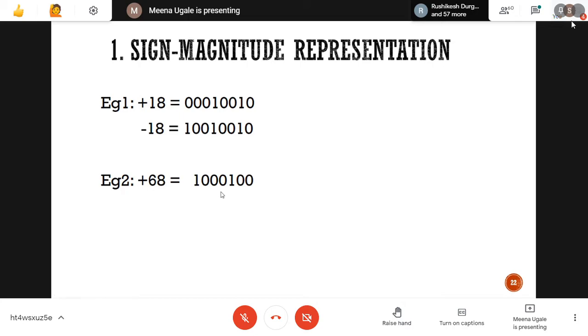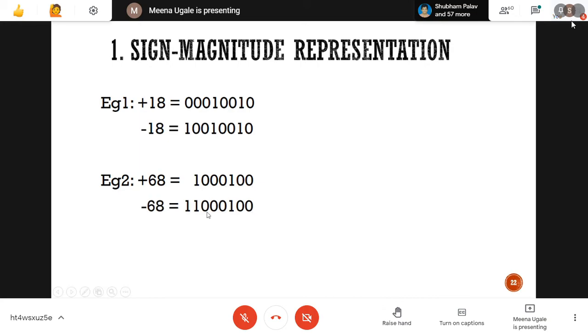Similarly, I am going for the next number, plus 68. I have written it like this. Now, if you see, this is only 7 bits. Here it should be 0 to indicate this is a full 8-bit number. These are only 7 bits I am using. So I have written 1000100.